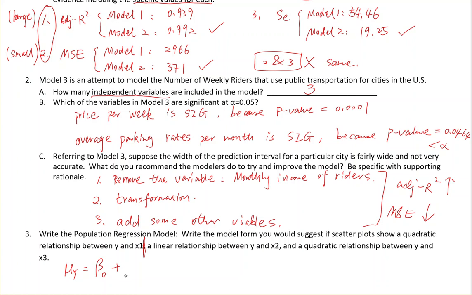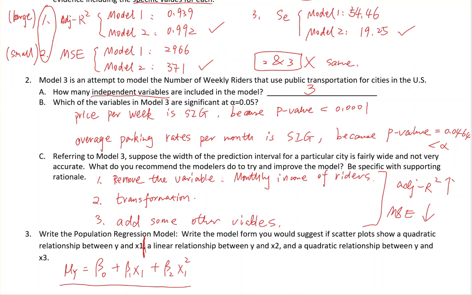So that means you need an original term of x1, and then, since we have a quadratic relationship between y and x1 squared, we need another term which is about x1 squared. All right, so until this step, this is our population regression model, right?